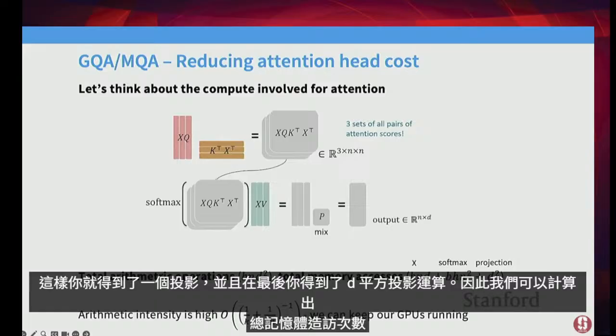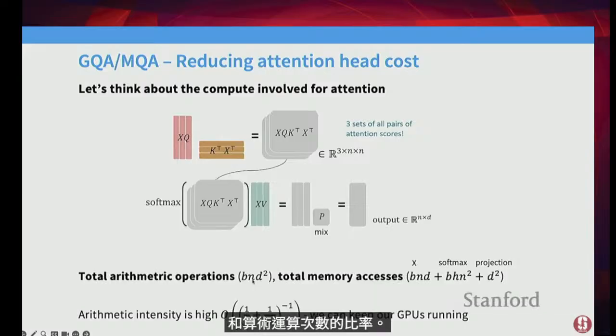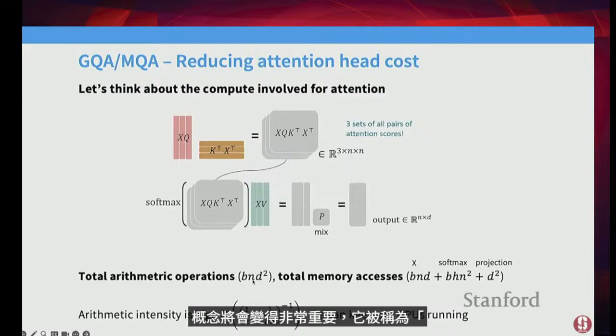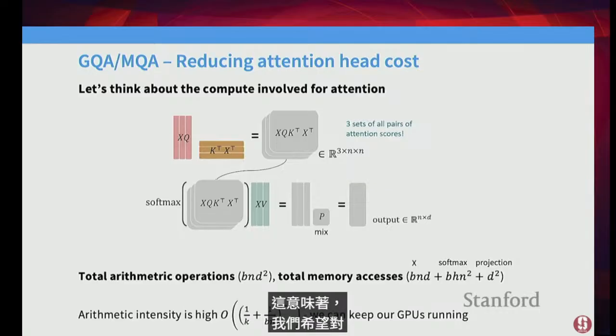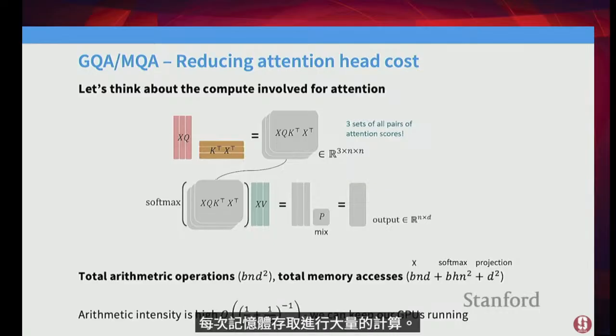And so we can take the ratio of total memory accesses and arithmetic operations. This is going to be very important in a couple of lectures. This idea is called arithmetic intensity. We want our arithmetic intensity to be high. What that means is we want to be doing a lot of compute for every single memory access that we do.